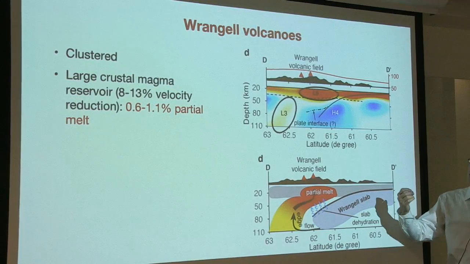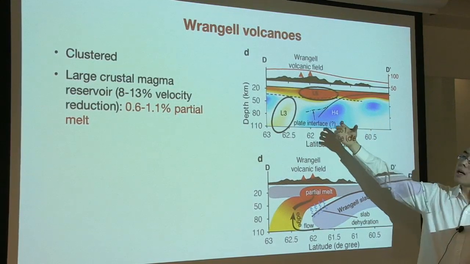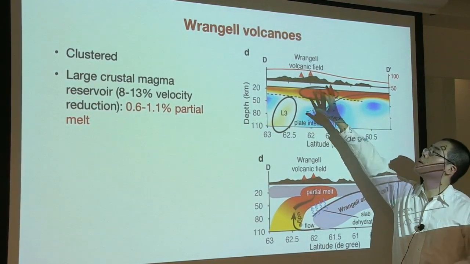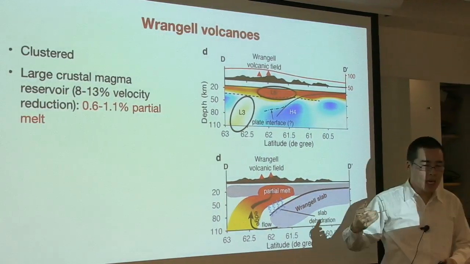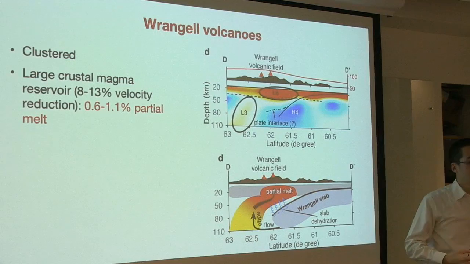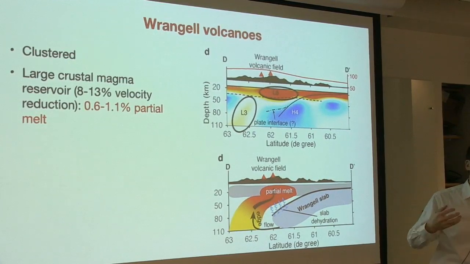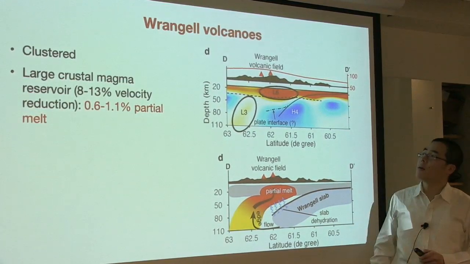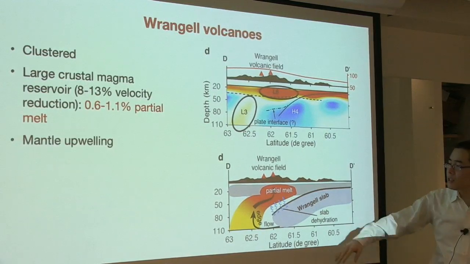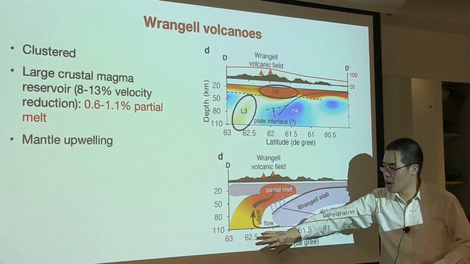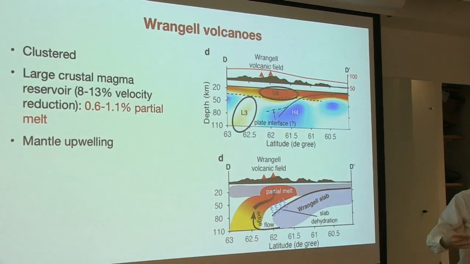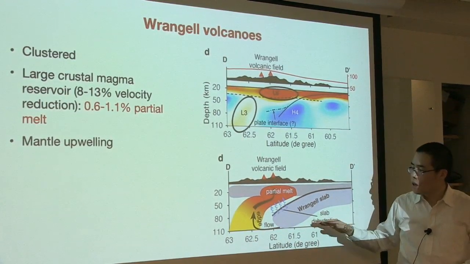It also corresponds to the pattern of a cluster of volcanoes observed in this volcanic field. It probably indicates the presence of a large crustal magma body that supplies magma to the volcanoes. This low velocity column in the mantle wedge may be an indication of some upwelling or convectional upwelling, and also some edge flow here.